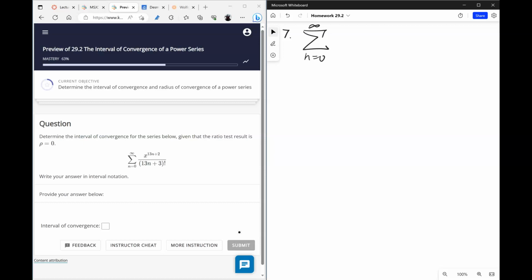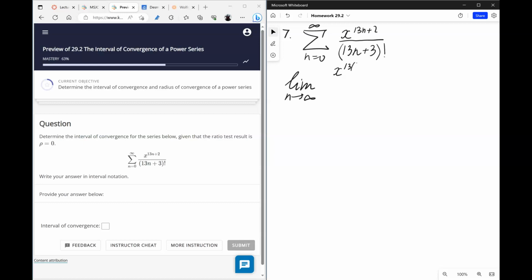I think we have a very powerful hint over here. But in order for the hint to make sense, let's actually set up the ratio, which you will later find is an extraneous step.